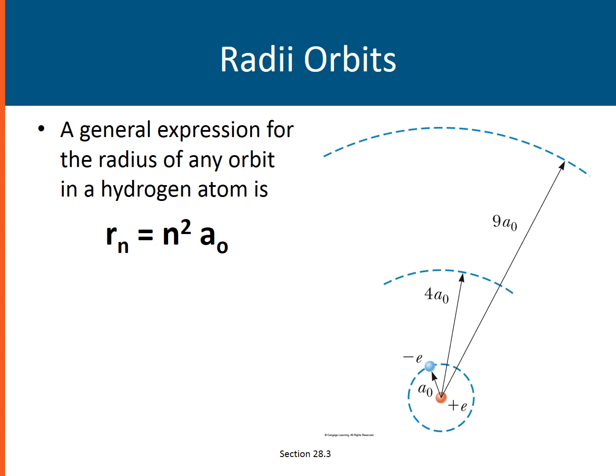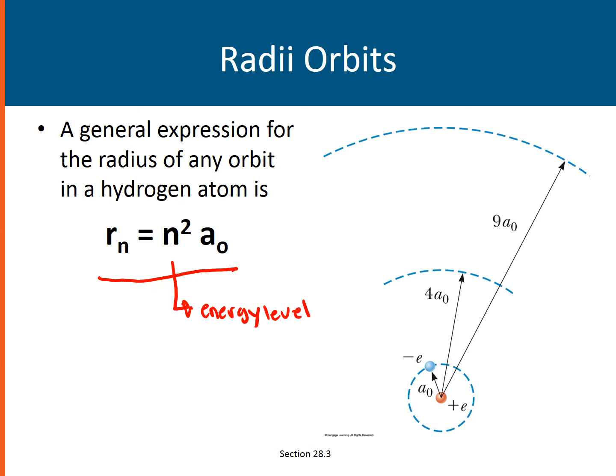So here is a representation of the radius for each orbit, and it follows the general expression r sub n is equal to n squared multiplied by the Bohr radius, where n is the energy level.